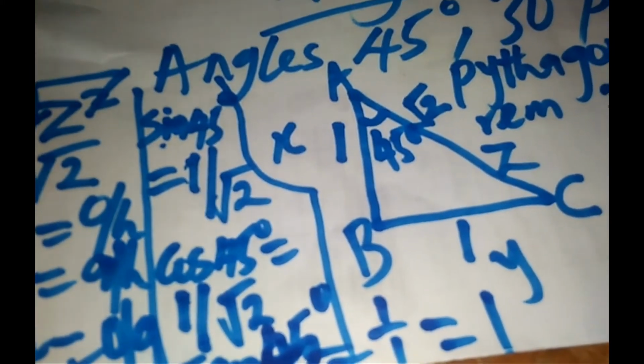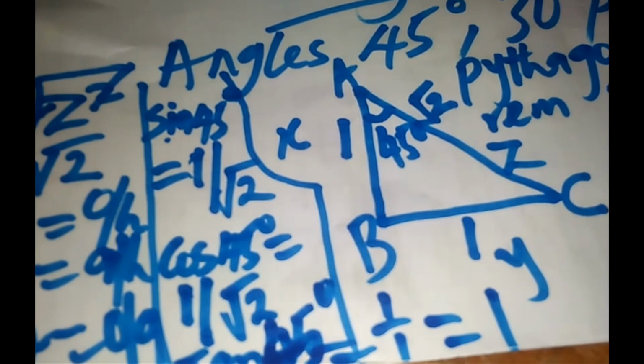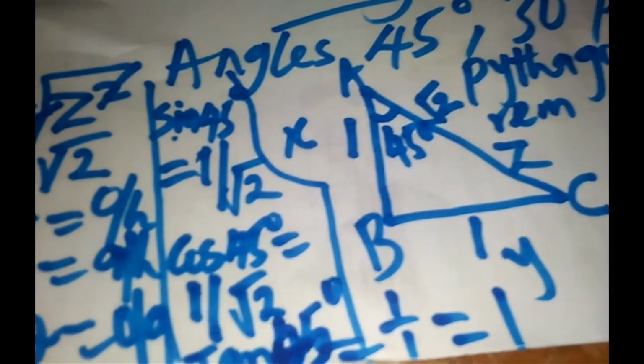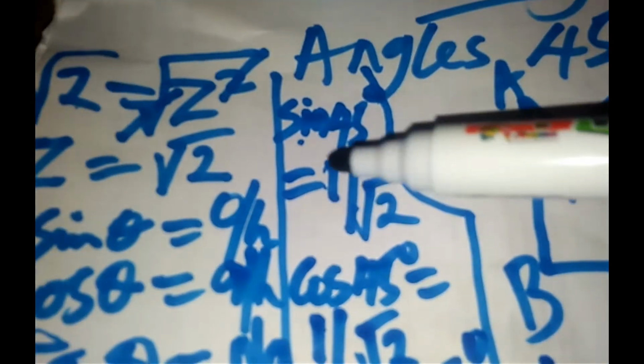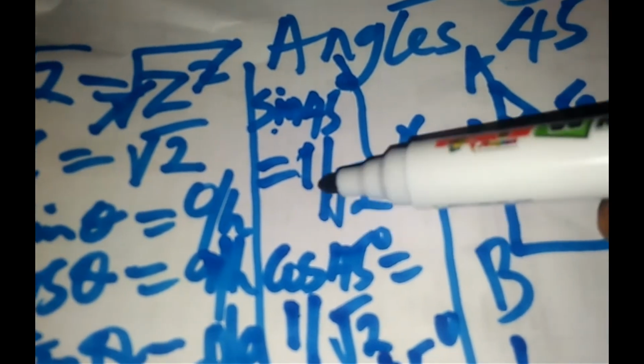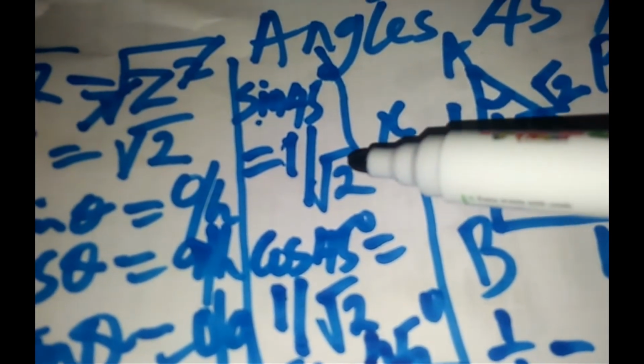So that is for 45 degrees. We are done. Sine 45 degrees is 1 over square root of 2. If you punch this in your calculator, whatever figure you get, and you check your table, you're going to have the same thing.